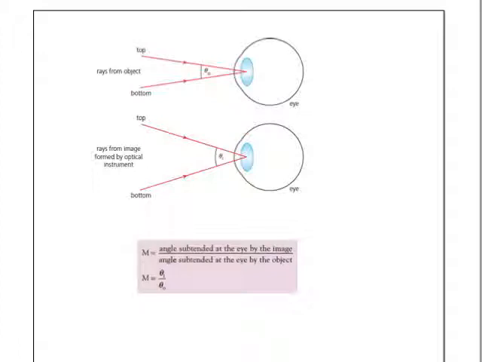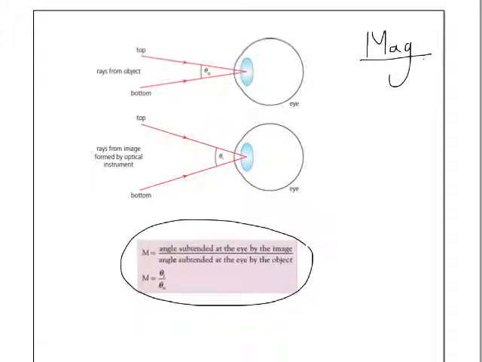First, we need to define the idea of magnification. Magnification is a simple ratio. Imagine looking at an object, I'm going to draw a tree on here. So there's our tree. Imagine yourself looking through a magnifying glass and seeing a big tree, compared to looking at the tree with just your eye.